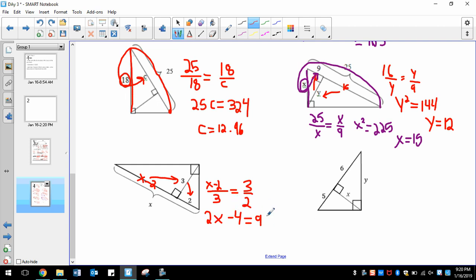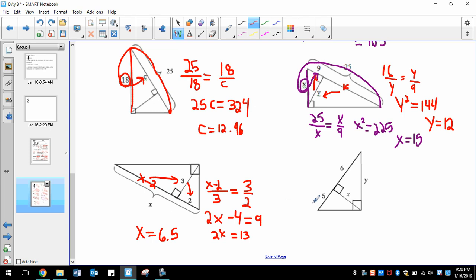All right, so then you add the 4, so you get 2x equals 13. And then you divide by 2, so x is equal to 6.5. There you go. All right, so that one was a little bit weird in how you had to label that side, but it's always a possibility, so make sure you're looking out for that.